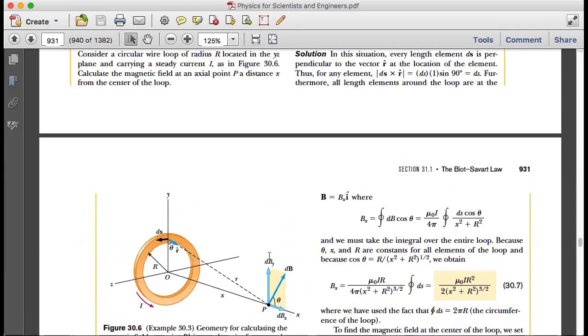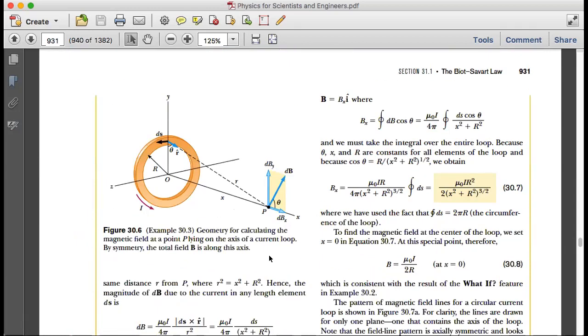Another example of the Biot-Savart law. We have a ring here, and a current flows through the ring.